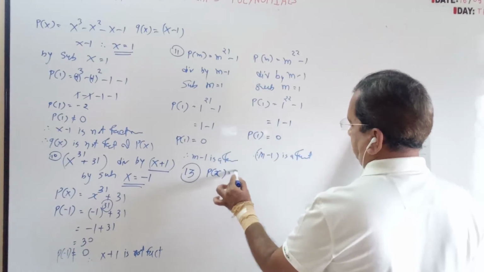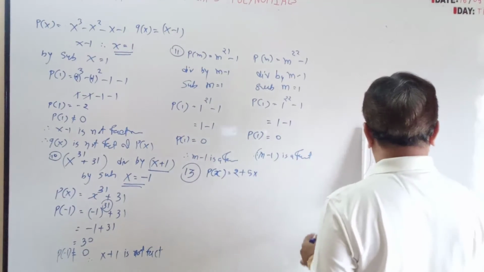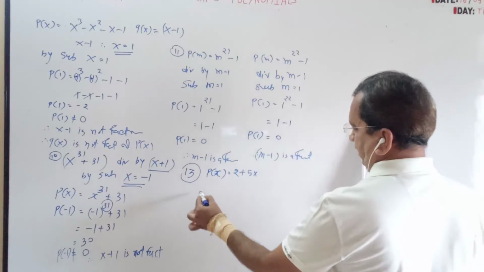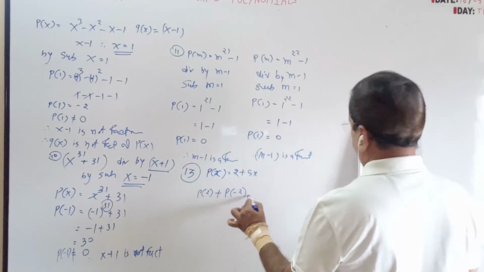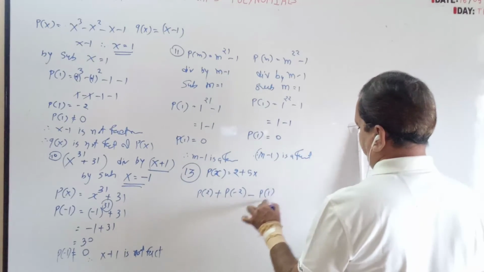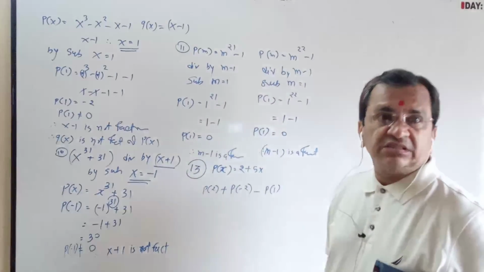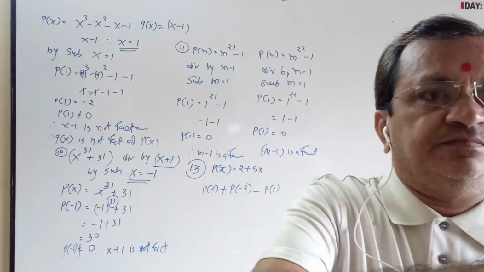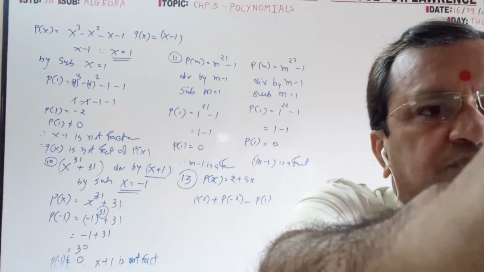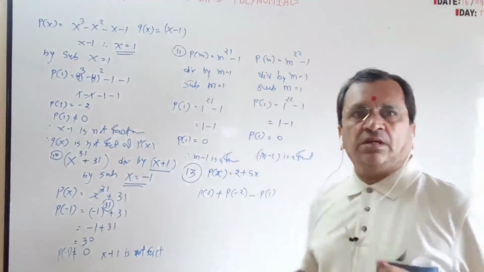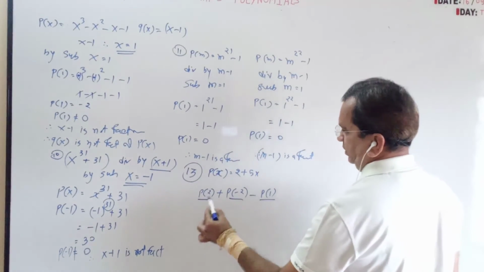P of x is equal to 2 plus 5x. Find out P of 2, P of minus 2 and P of 1. 3 times. One time, 2 times, 3 times.